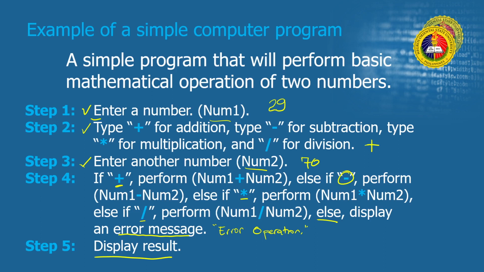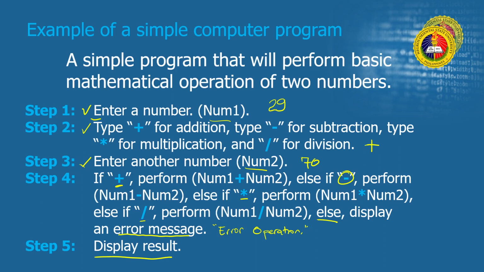Okay, next, expressing the instruction and creating a program to the computer is through the use of a computer language. Now, obviously, those examples that we've shared a while ago about giving instruction to a stranger how to go to NORSU Bais, it's using human language.